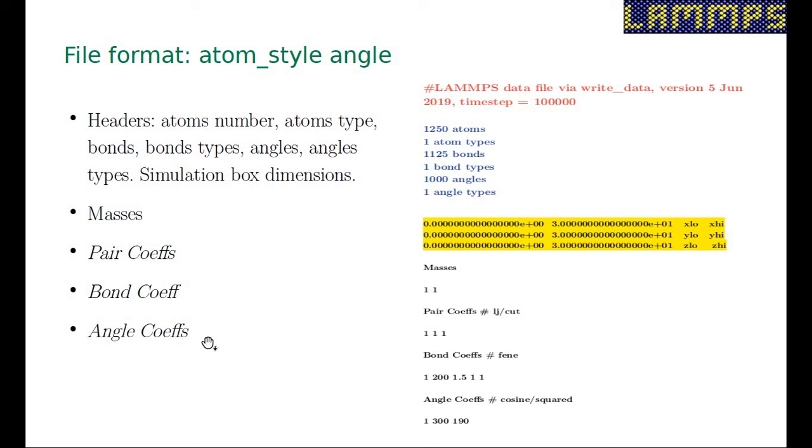And well, we have the file format for the atom style angle, as well as in the bond atom style. We include a header with atom number, atom types, bonds, bond types, angles, and angle types, followed by the simulation box dimensions.